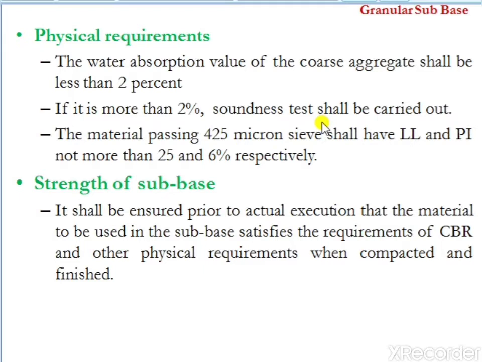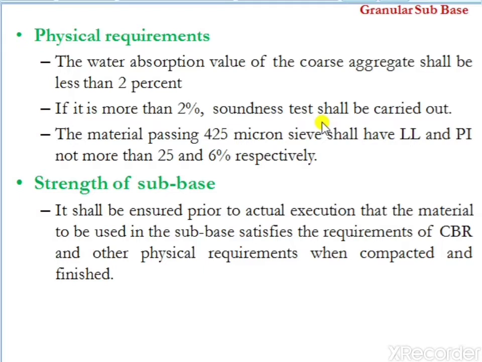2386 part 5. Here the aggregates of specified sizes are subjected to cycles of alternate wetting in saturated solutions of either sodium sulfate or magnesium sulfate for 16 to 18 hours, and then dried in an oven at a temperature of 105 to 110 degrees Celsius to a constant weight.